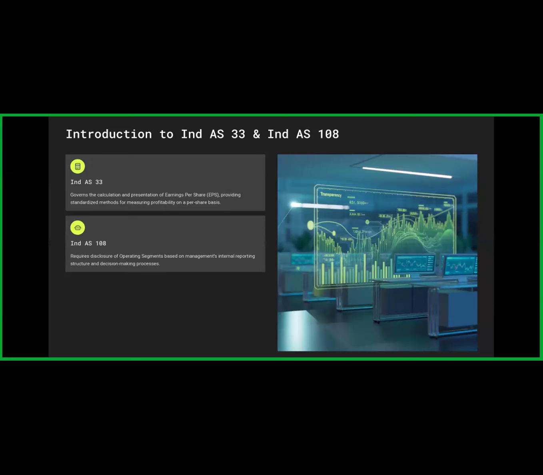Whenever the company generates profit, that means the company's revenue is more than the expenses. When we subtract expenses from revenue, we get the profit for that organization. In the income statement, revenue minus cost of goods sold gives the gross profit.